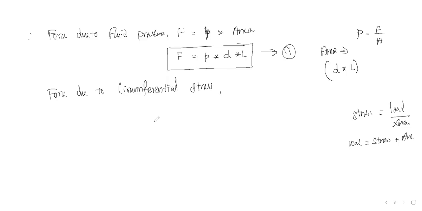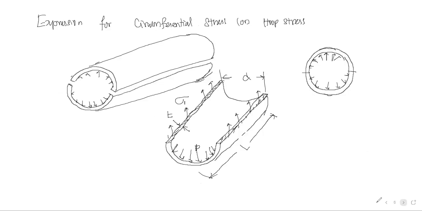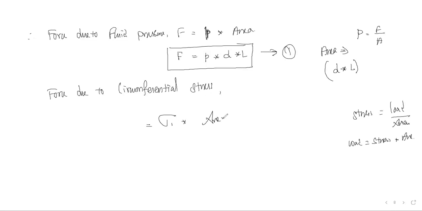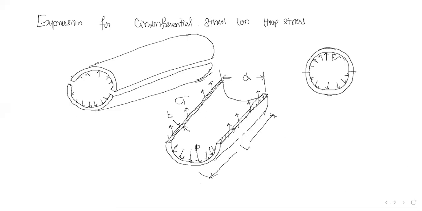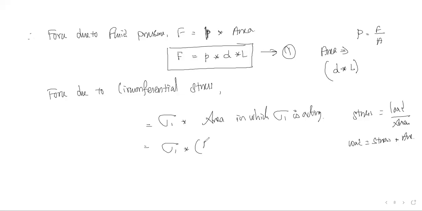Here the circumferential stress is denoted by sigma 1, so sigma 1 into A. The area on which sigma 1 acts is along the thickness of the wall and throughout the length, so L into T. And there are two wall thicknesses, one here and one here, so the area is L into T plus L into T, that is 2LT. So the force is 2 into sigma 1 into LT.